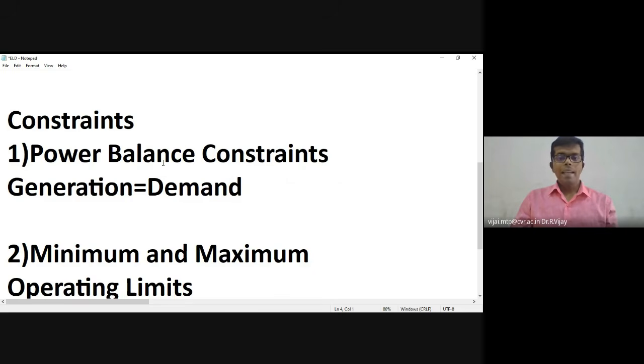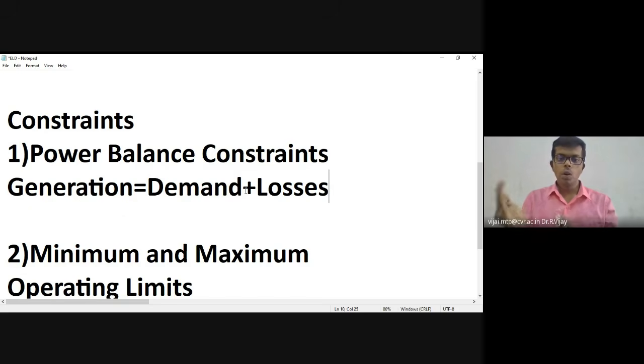Power balance constraint is nothing but, whatever the power generation that is happening equals the demand plus losses. Sometimes it is only demand, if the losses are neglected. If the losses are added, then the generation equals the demand plus losses. Demand is nothing but your load also.